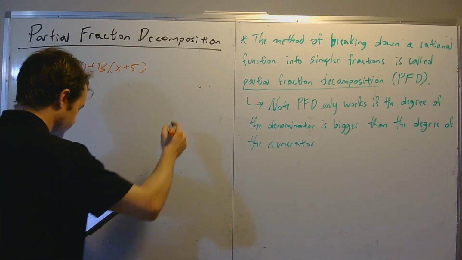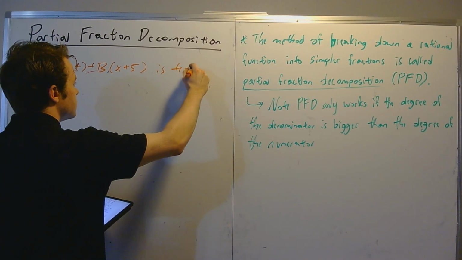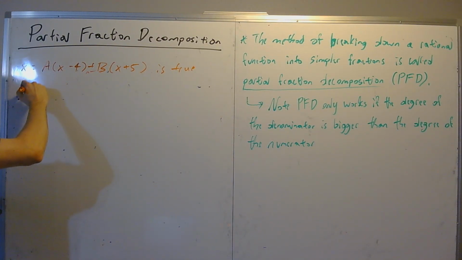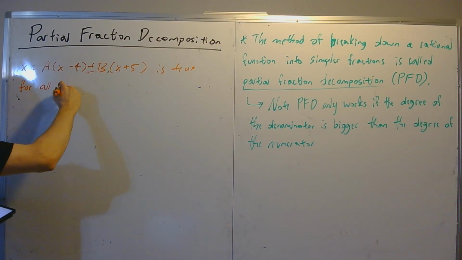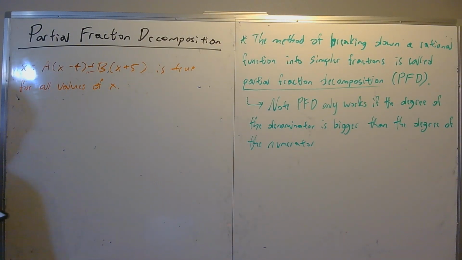This is true for all values of x, right? So if we make a smart choice for our value of x and just plug it in here, we can actually just solve from this equation exactly what a and b have to be equal to, right? So let's just try to be clever about our choices of x here.